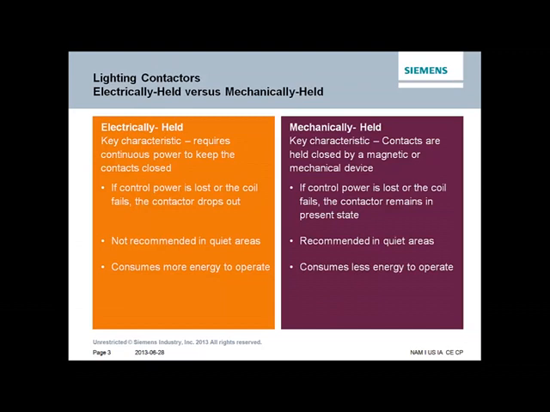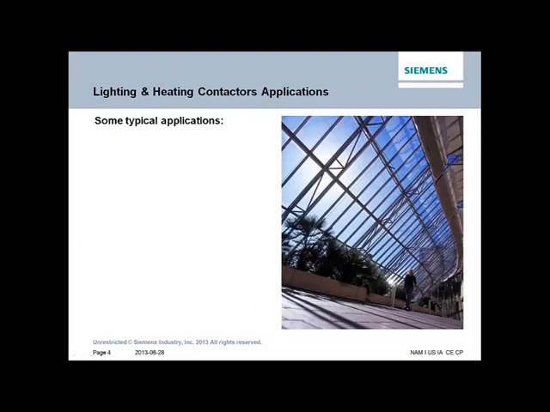The electrically held is a more economical and simpler device than mechanically held due to the additional functionality of holding the contact state. Some typical applications include schools, hospitals, office buildings, industrial plants, shopping centers, airports, stadiums, practically anywhere lighting is required.